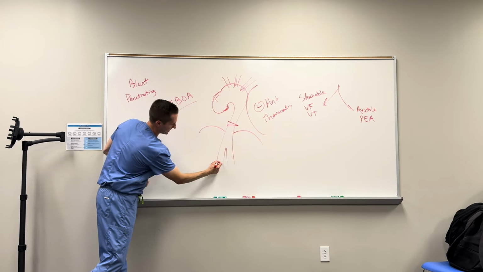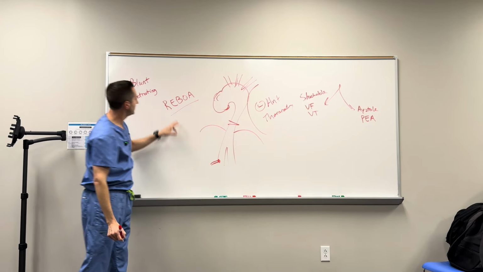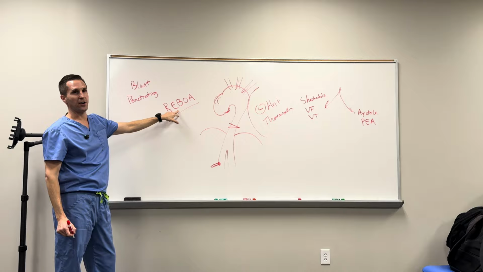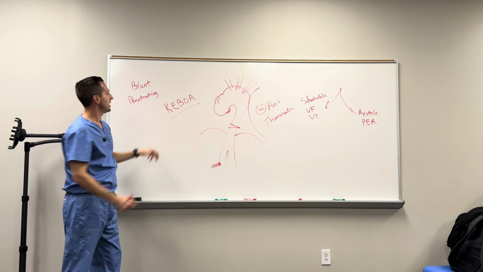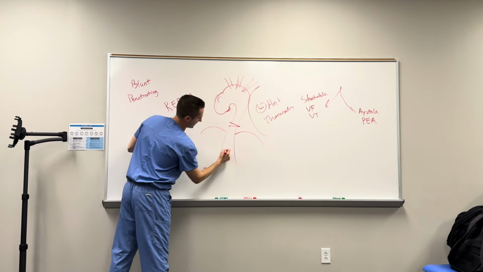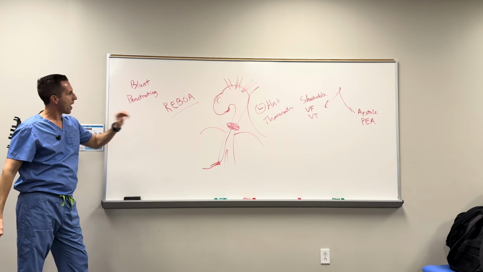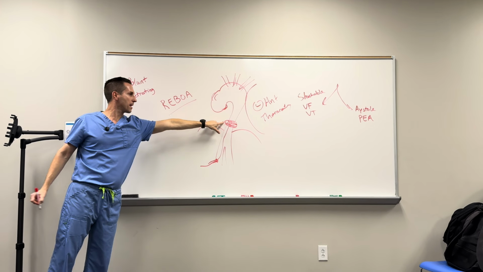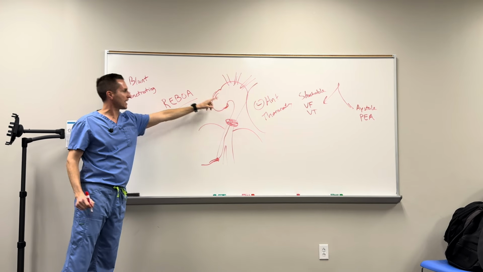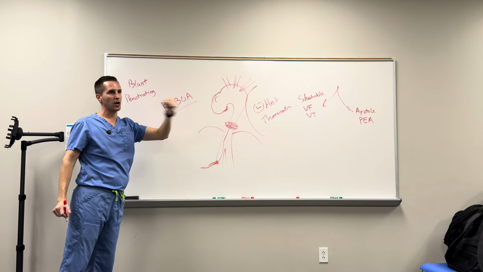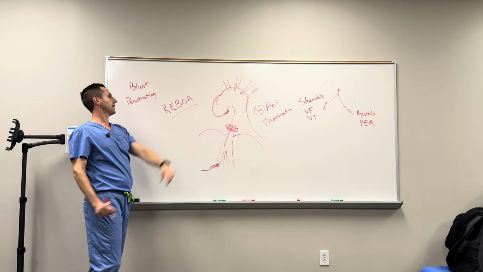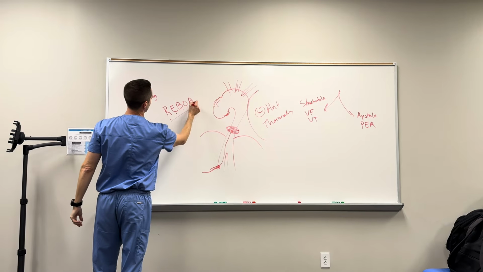E is inside the vessel. Endovascular. B is I put this special little thing in here with this on it. Balloon. O is I stopped blood supply. Occlusion of the aorta. Resuscitative endovascular balloon occlusion of the aorta.